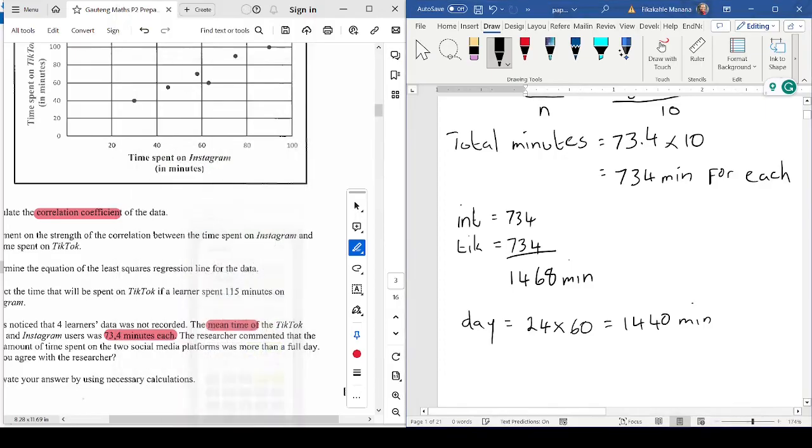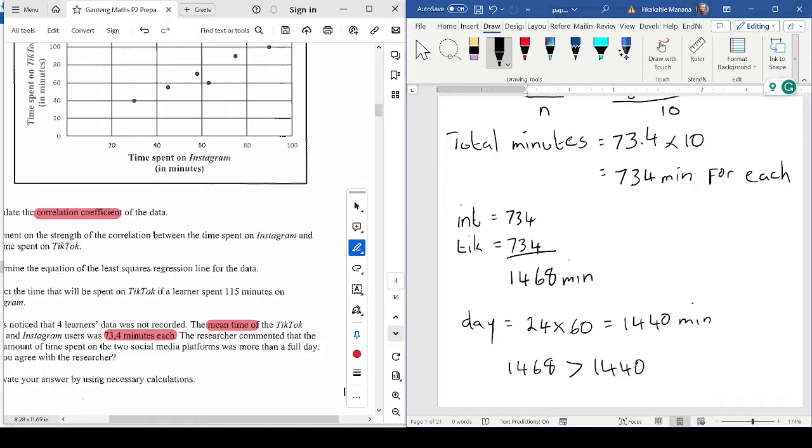Now the researcher concluded that it's more than a full day, and you can actually see that 1468 is more than 1440. You can see 68 is bigger than 40, right?